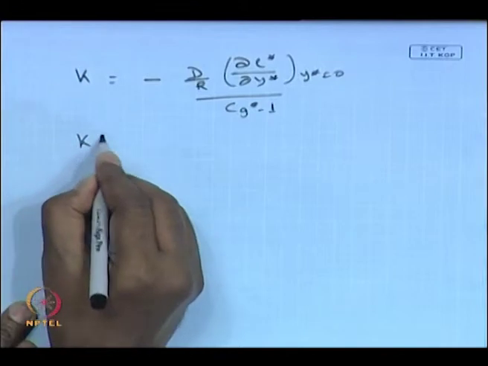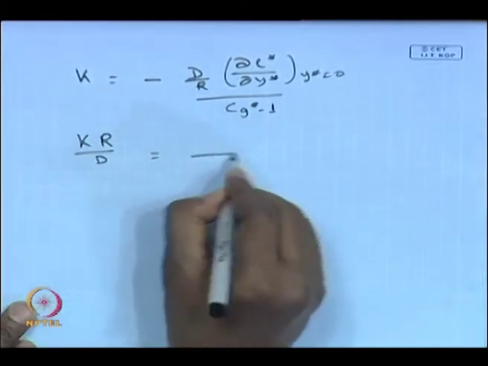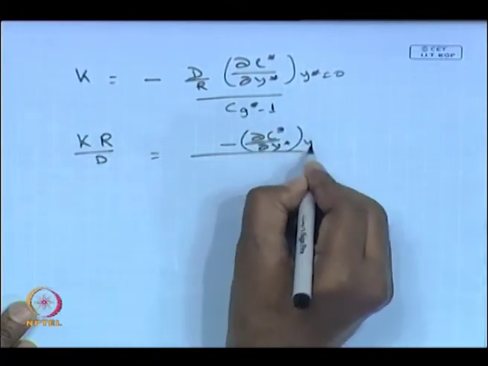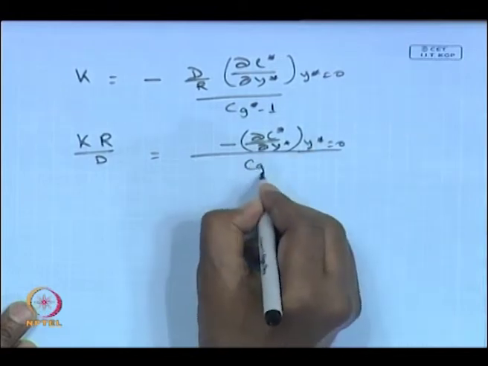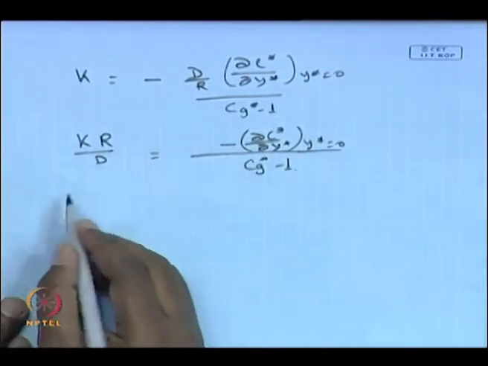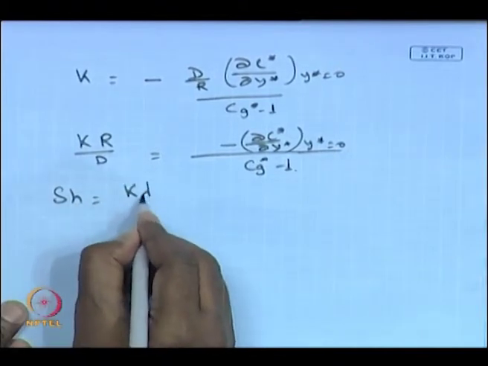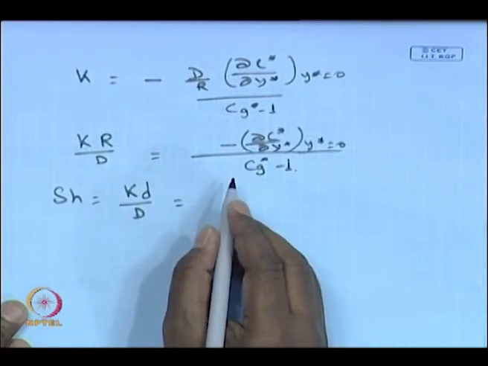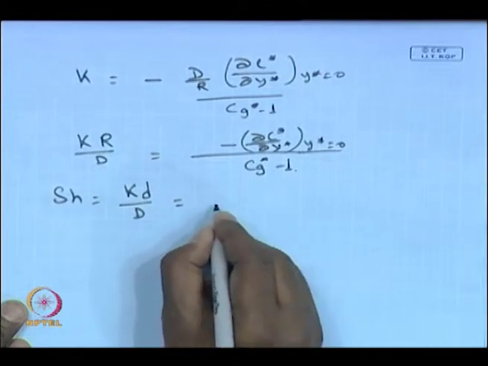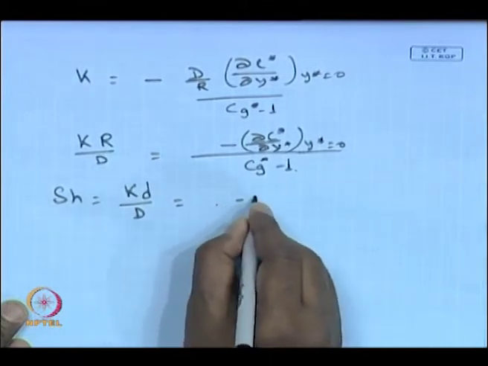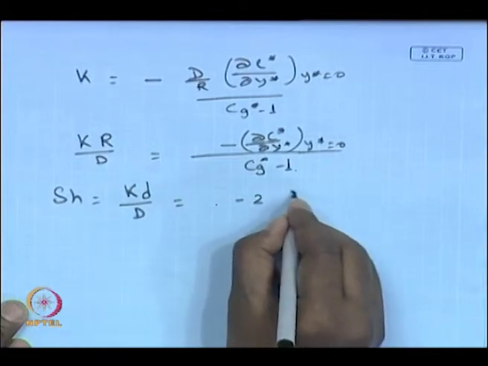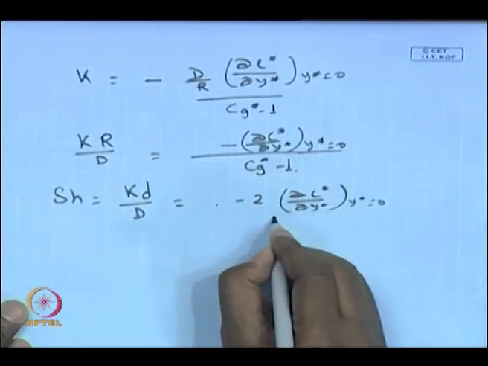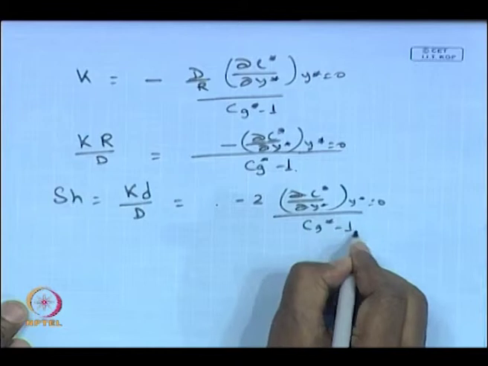So, k r over D is equal to minus del C star del y star at y star is equal to 0 divided by Cg star minus 1, and our Sherwood number is defined as k d by D, so that means twice of r. So, it will be minus 2 del C star del y star at y star is equal to 0 divided by Cg star minus 1.